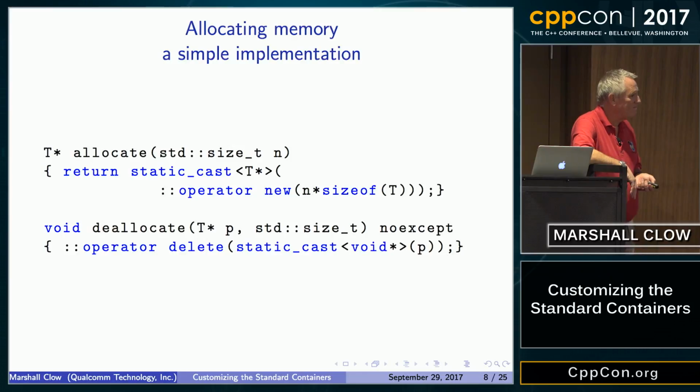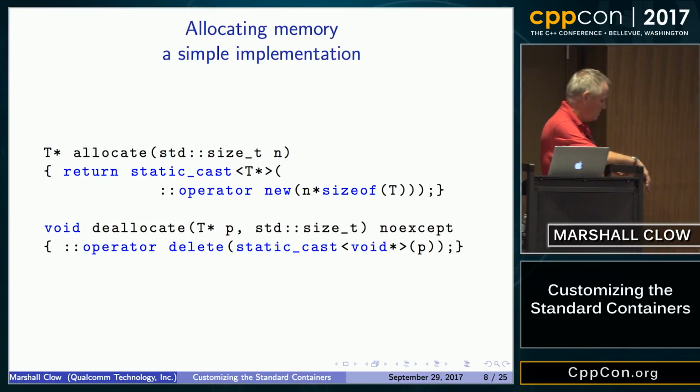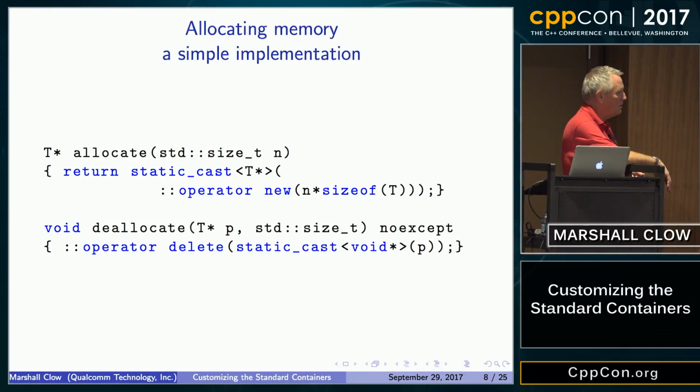Is there any way you can customize these functions so that instead of just passing in the size_t, you also pass in the size_t and the caller?